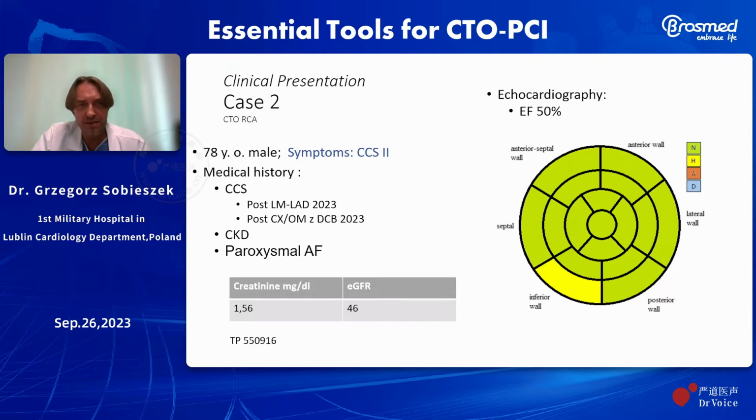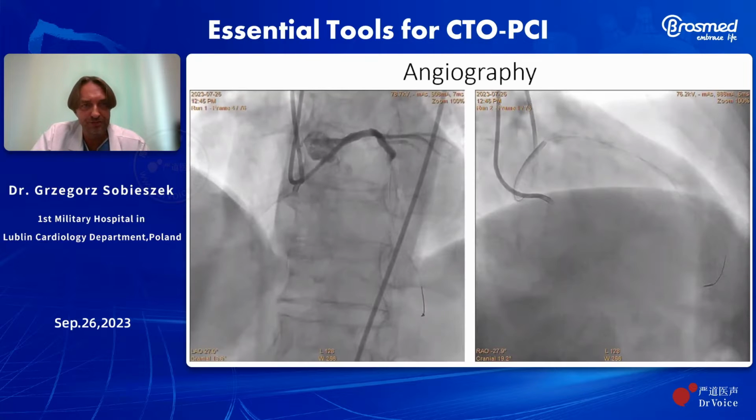The second case is a 78-year-old male with CCS class 2, post-PCI left main to LAD or circumflex, with chronic kidney disease and good ejection fraction, and only hypokinesis of the basal segment of the inferior wall.